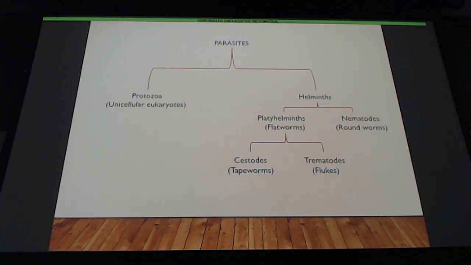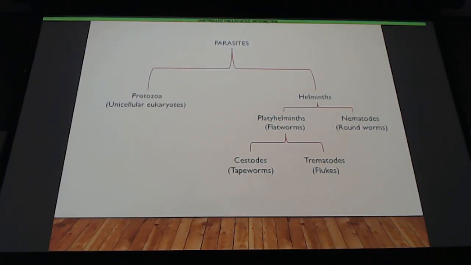All right. So moving on, we are going to move to the worms. Don't worry about this slide. This is just to give you a little overview about the next couple of classes that we're going to talk about. These parasites are broken up into two specific groups, the protozoa and the helminths. And these helminths are broken up even further into platyhelminths and nematodes.